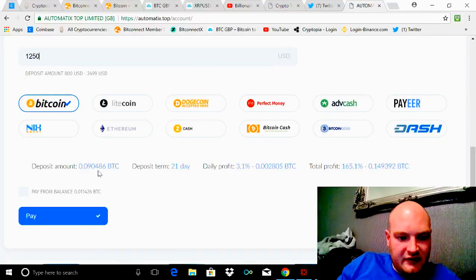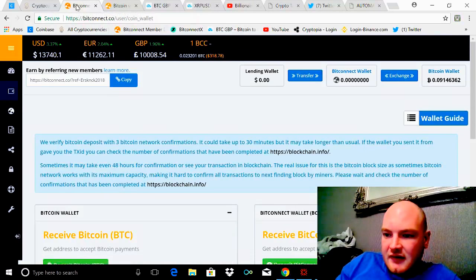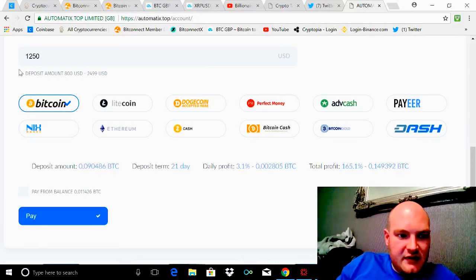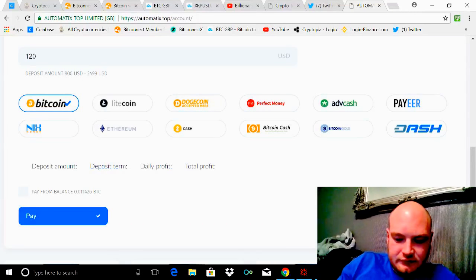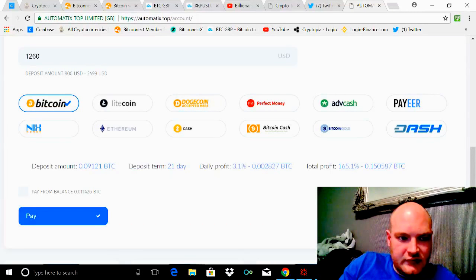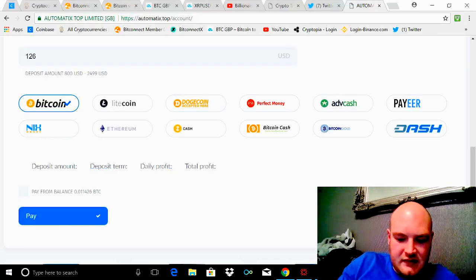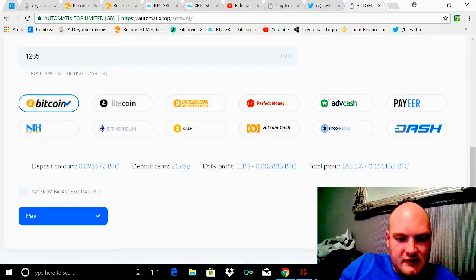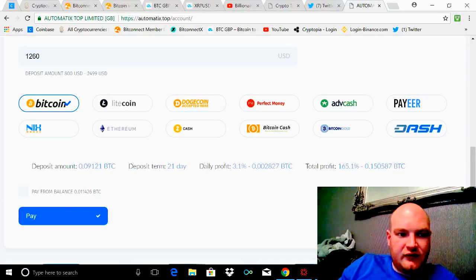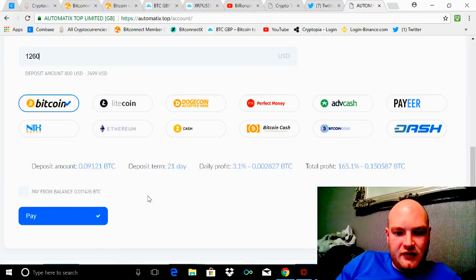Let's see how much that is in BTC. 0.0486914. Let's see if we can raise that a wee bit. 912. So let's do a $1,260 loan.